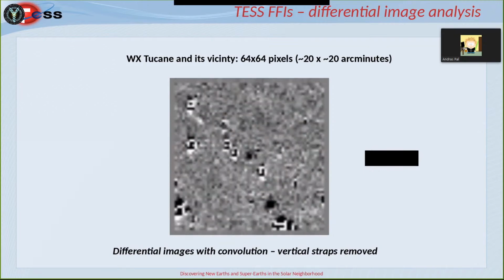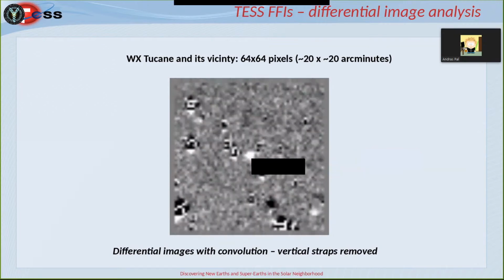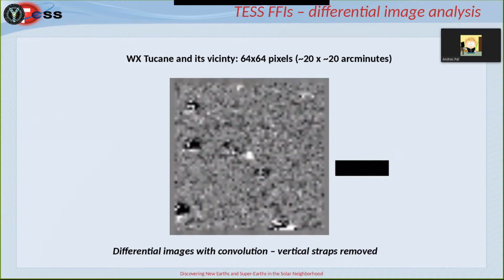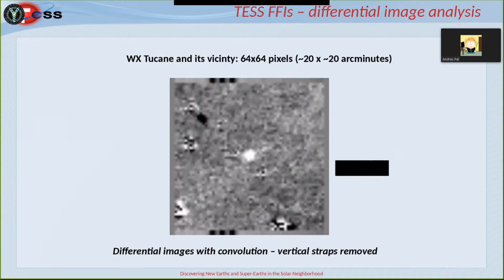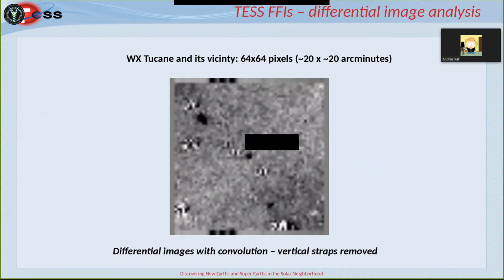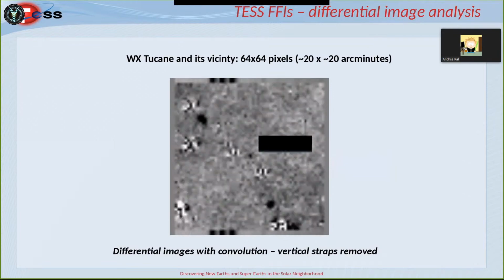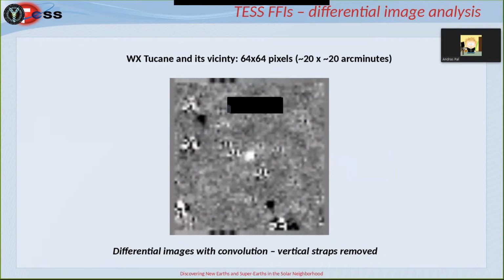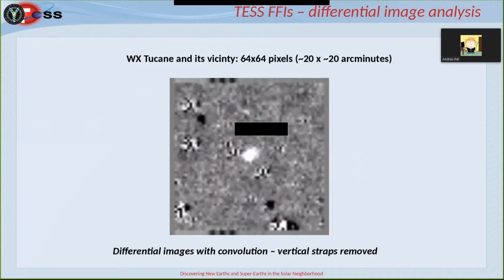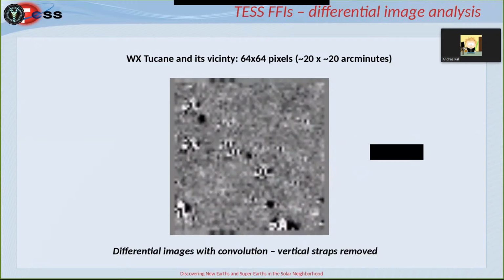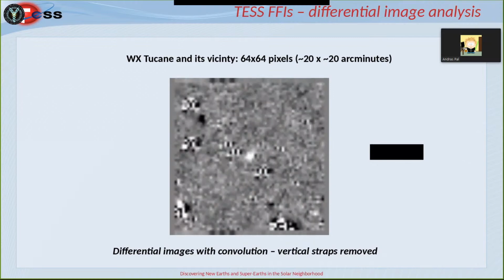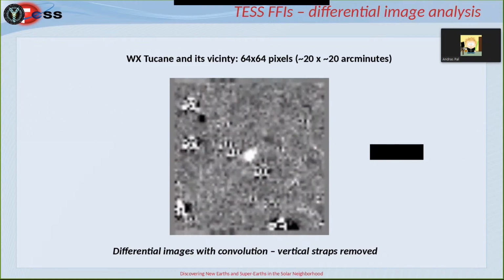We were quite lucky that this target of ours is not affected by these vertical straps, but some of the other targets were not so lucky in this sense, and they were just hidden under these vertical columns. One of the first supernovae analyzed by TESS was also affected by such artifacts.